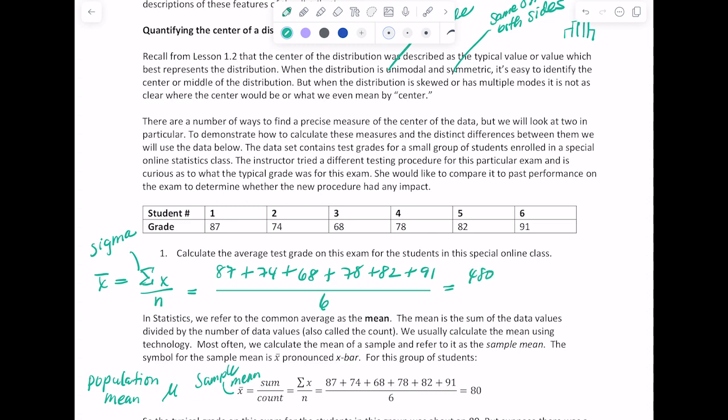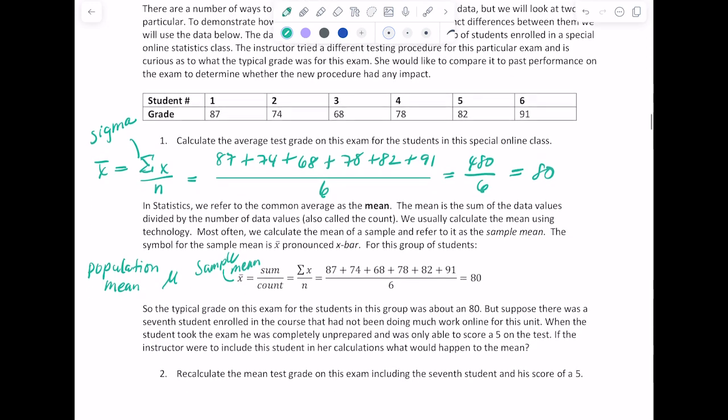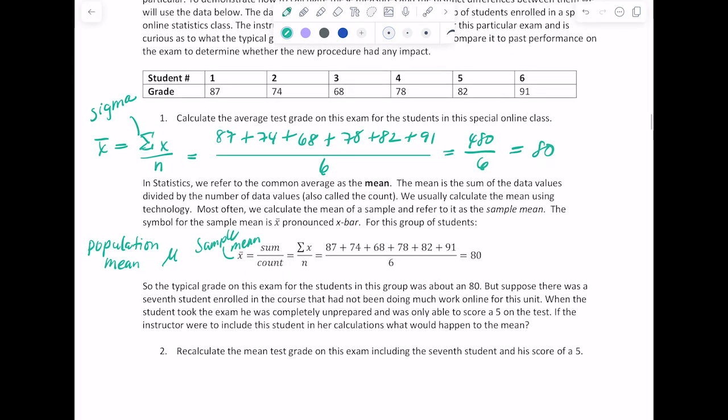Okay, so sigma X was 480 divided by 6, and I got 80. So this is known as the mean or the average. The mean is great if, when you graph your distribution, it comes out to be unimodal and symmetric. Okay, so bell-shaped kind of.